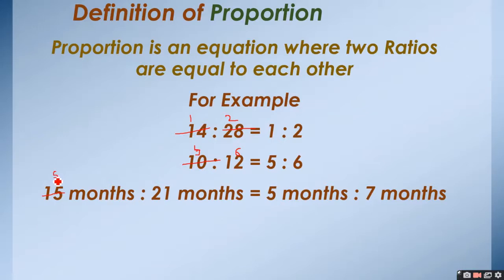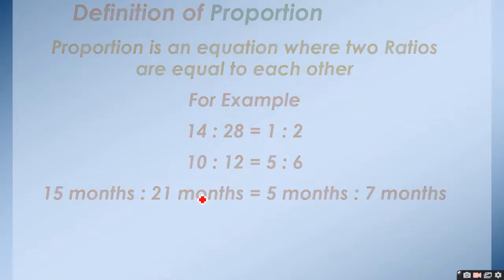Three 5s are 15 and three 7s are 21. So 5 months ratio 7 months is the lowest term of 15 months ratio 21 months. That's why these ratios are equal to each other.